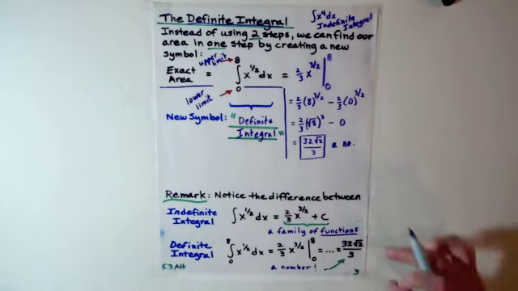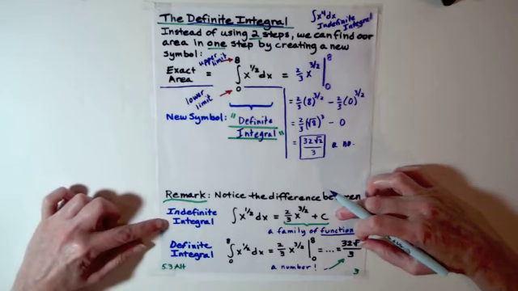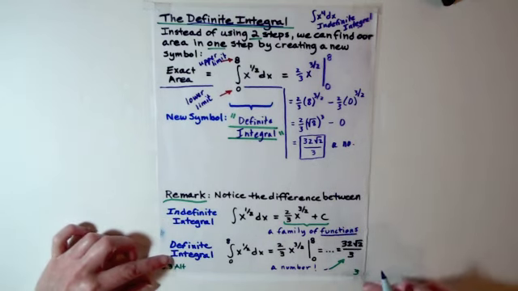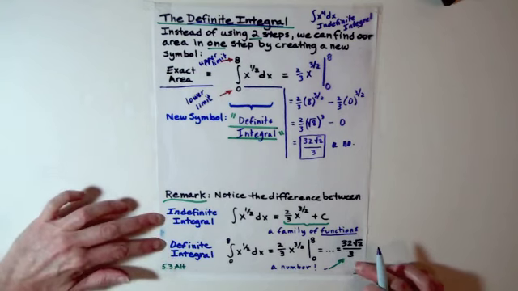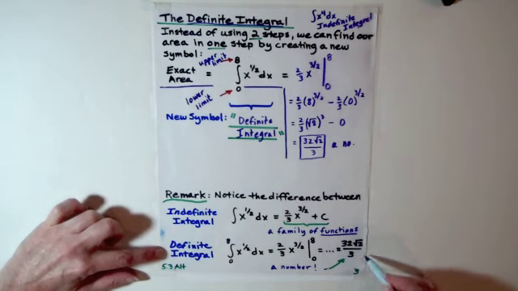So the answers to these two different types of integrals are completely different. An indefinite integral has a family of functions as an answer, while a definite integral has a number as an answer. And I believe that's where these words come from. This is referred to as a definite integral because the answer you get is something definite. It's a number, 32 root 2 over 3.